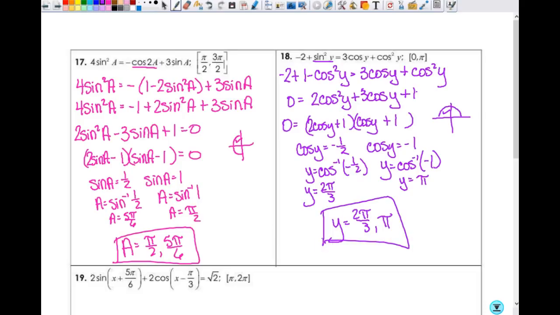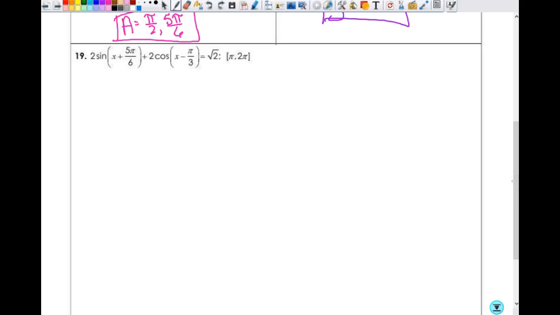All right, last one. So I'm going to have to do some substituting here for my a plus b and a minus b stuff.